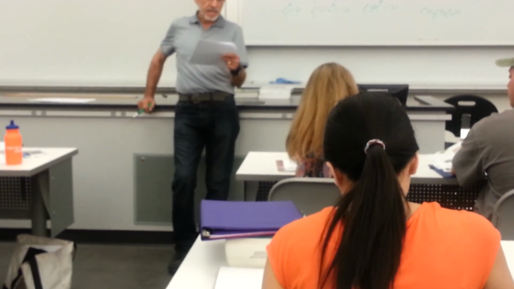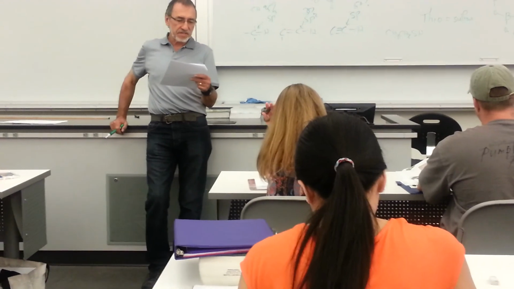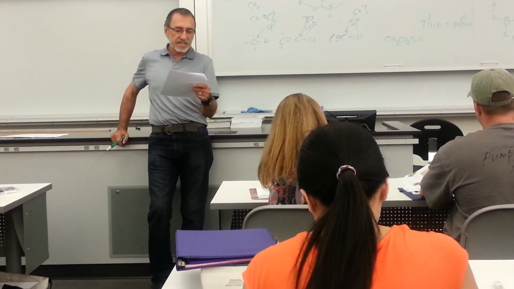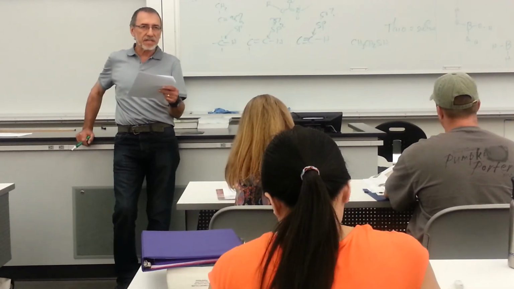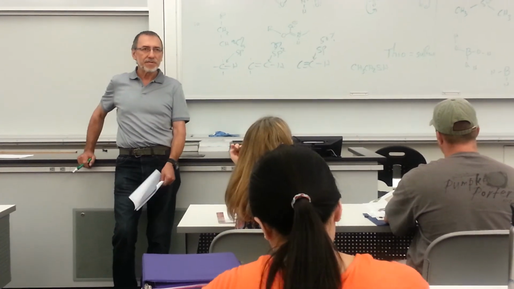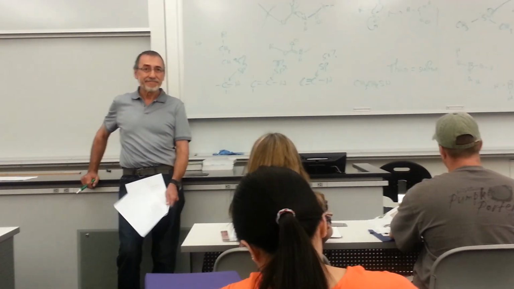Questions? And the last one, the increasing order from weakest to strongest base would be D as in David. Chloride ion is weaker than hydroxide ion, which is weaker than amide ion. Got it? Questions?